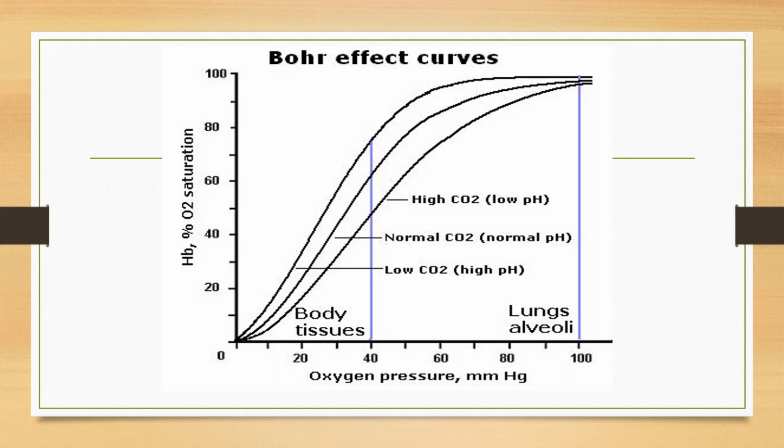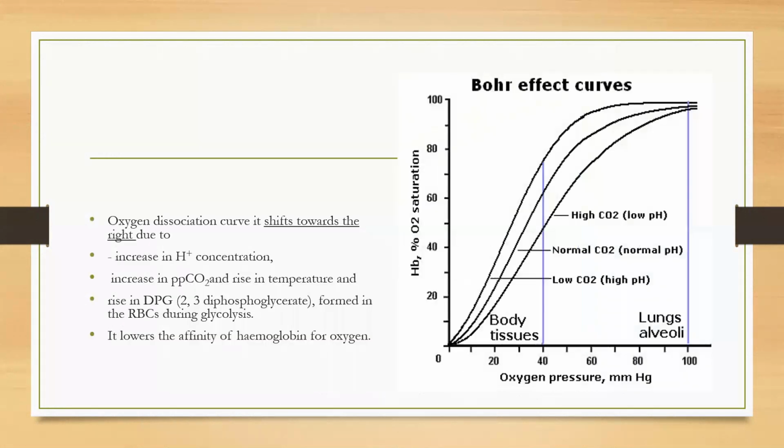In the last lecture, we studied partial pressure: the pressure exerted by an individual gas in a mixture of gases. Here we are dealing with the partial pressure of oxygen.